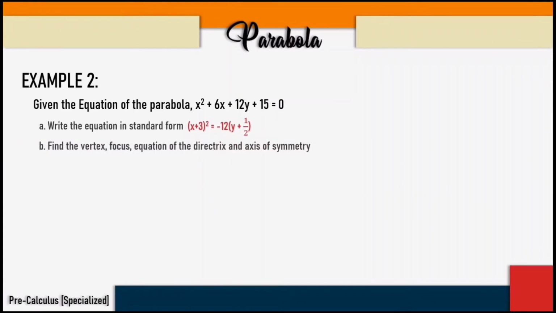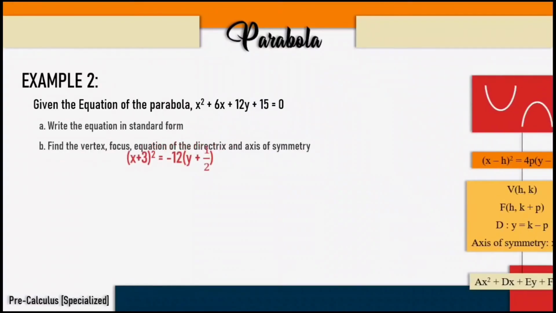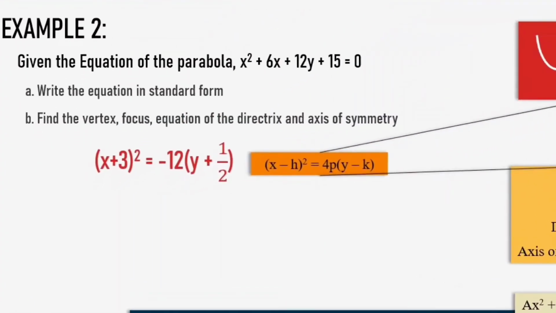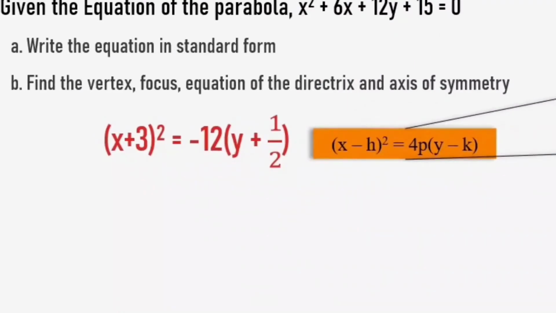Now, we have to find the vertex, focus, equation of the directrix, and the axis of symmetry gamit ang standard equation. As you can see for the standard equation, meron tayong constant na 4. So, para makuha ang p, kailangan natin yung i-factor out by dividing the negative 12 by 4, which is equal to negative 3.